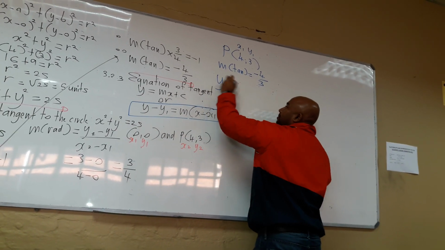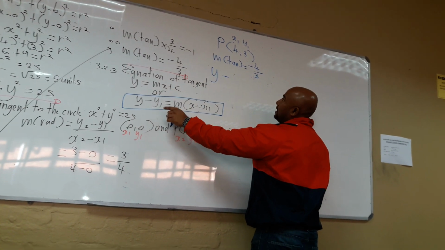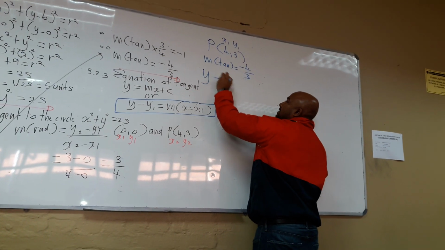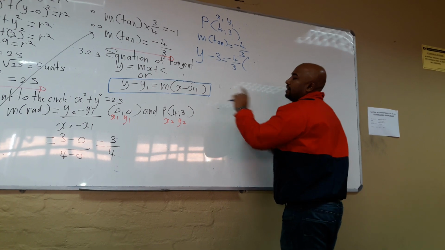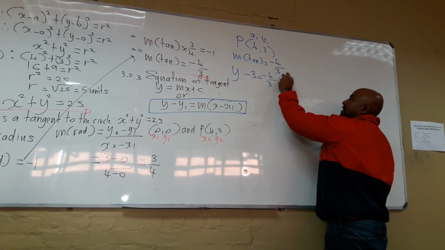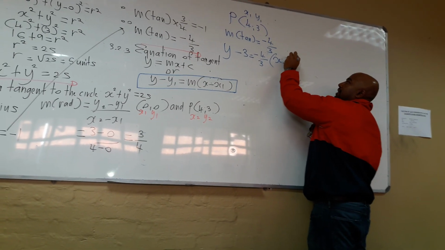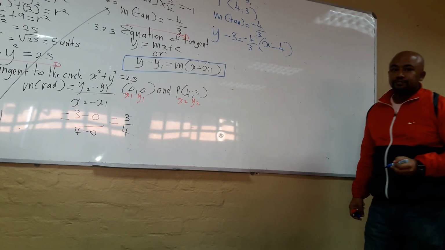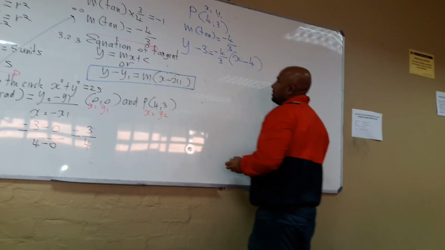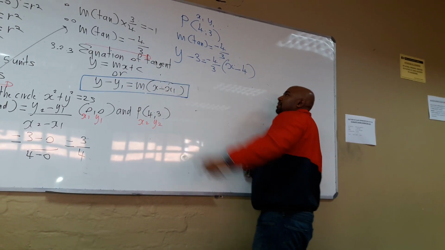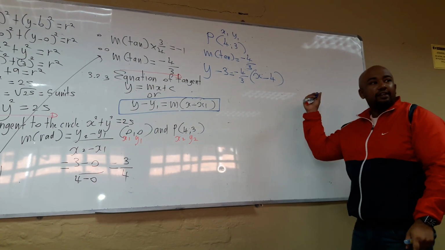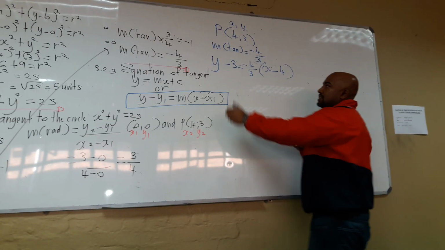So it will be y minus y1. What is y1? y1 is 3, is equal to m, which is minus 4 over 3, times x minus x1, which is 4. Now it's up to you if you want to multiply out first or cross multiply and then transpose. Doesn't make a difference.